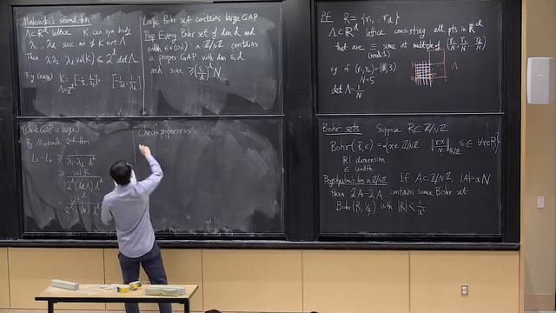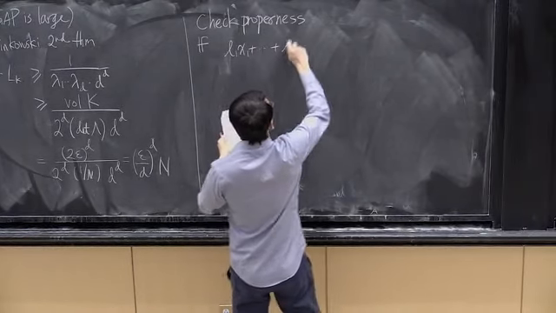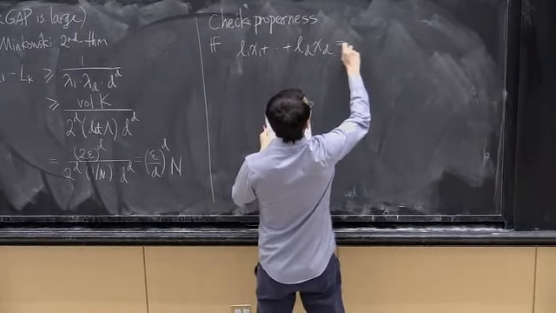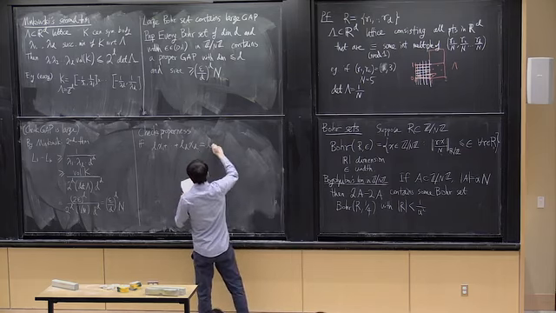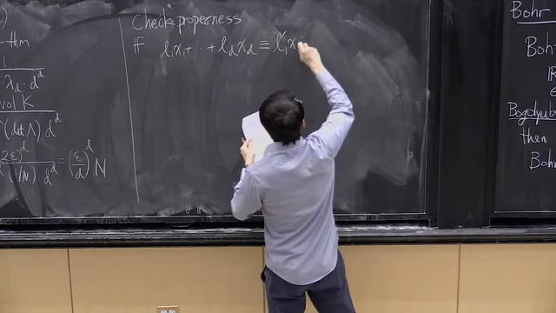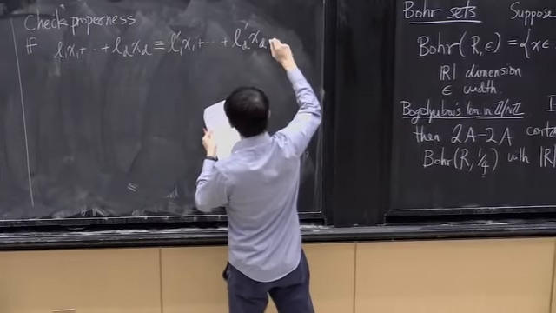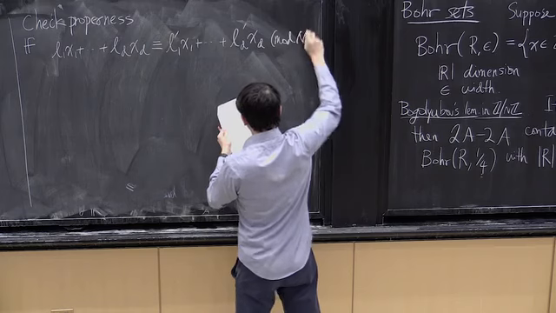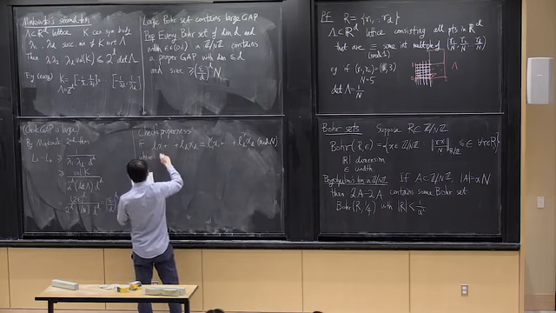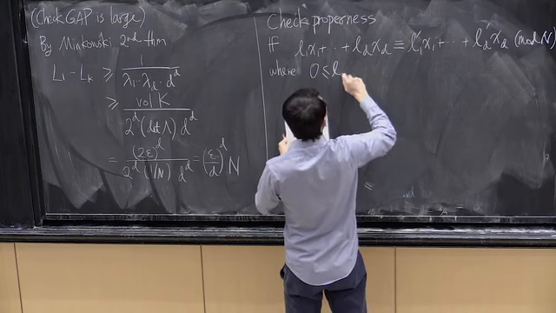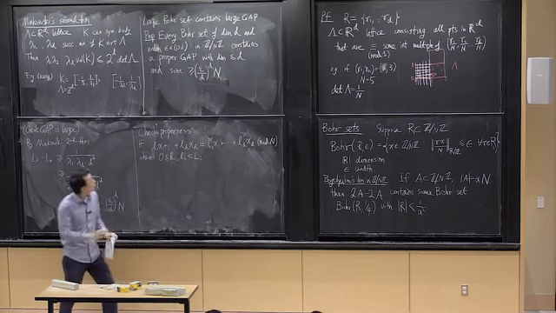So suppose I have the following congruence: this combination of the x's is congruent to a different combination of the x's, where these little l's are between 1 and so on.